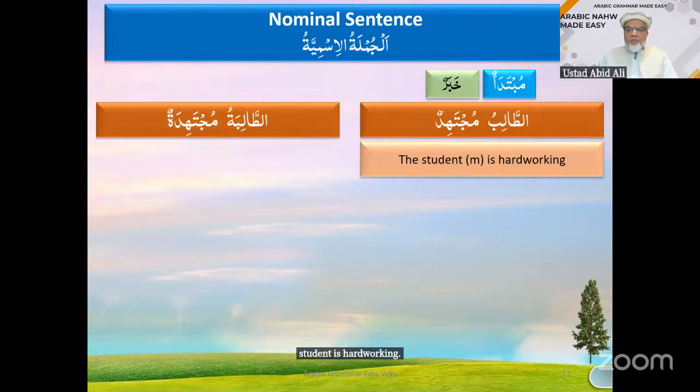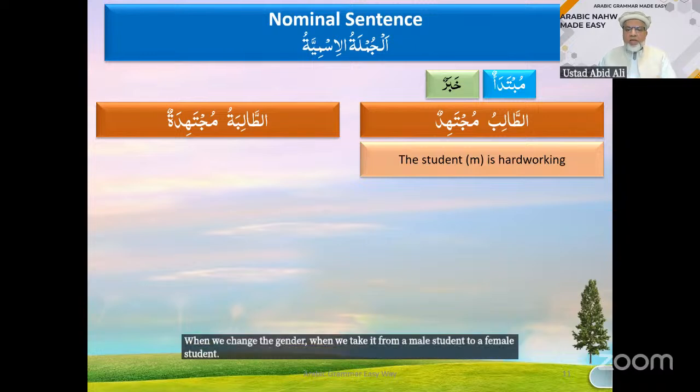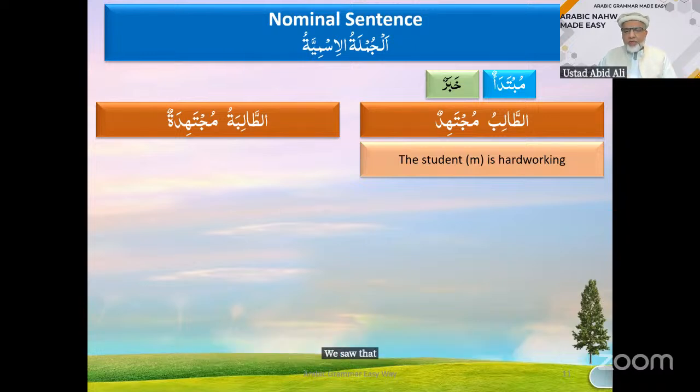When we change the gender, when we take it from a male student to a female student, we saw that the word talib changed into talibatun, and the khabar mujtahidun changed into mujtahidatun, which is the feminine. Because when you're making a sentence, there is a correlation between the gender and the number. So the gender and number have to follow.